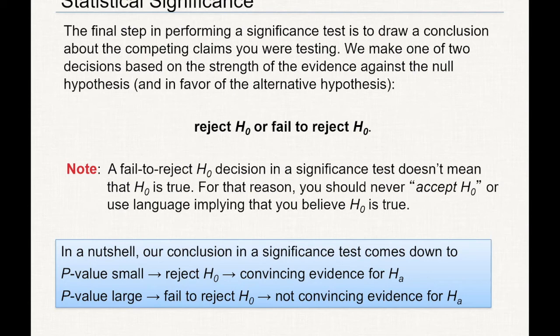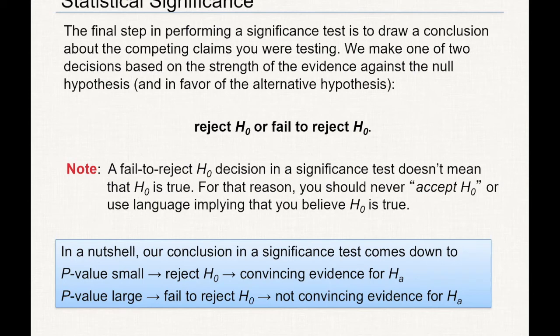Now, this is a script that I want you to remember: given that the p-value is less than a certain value, whether it's small or we give it a benchmark by which to measure it from, if we are going to reject the null hypothesis, that means that we have convincing evidence to suggest that our value of p is less than 0.8. On the other hand, if the p-value was much larger and we failed to reject the null hypothesis, that doesn't mean that we have proven it to be true.